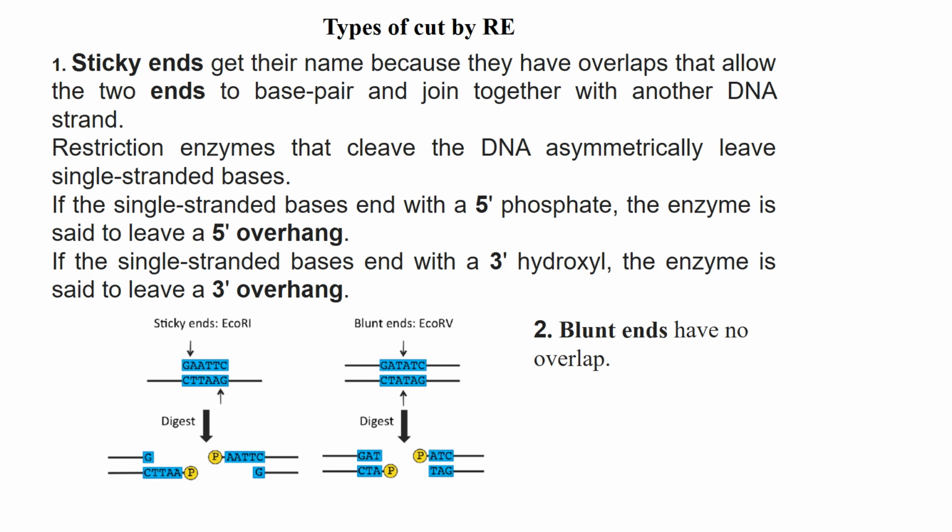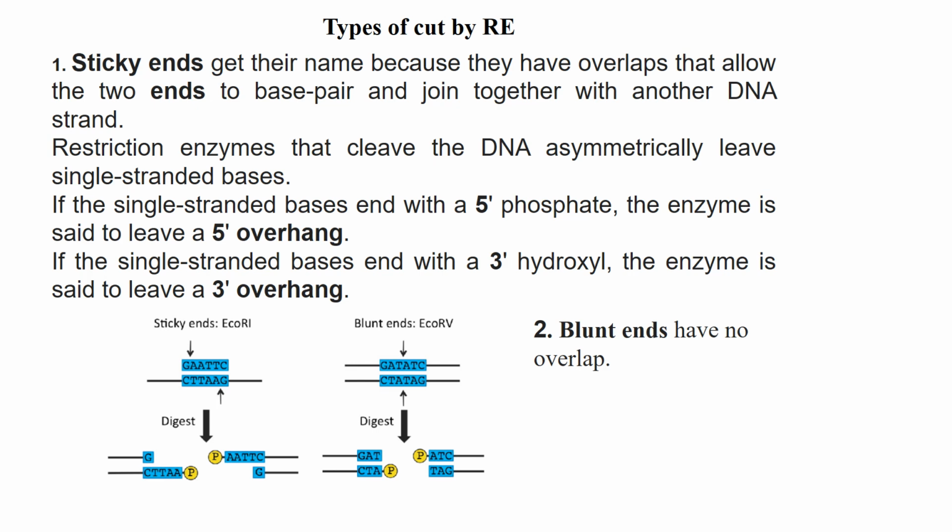There is overhang, and two types of overhangs are there: one is 5' overhang and another one is 3' overhang. In 3' overhang there is a hydroxyl group, and in 5' overhang there is a phosphate group.